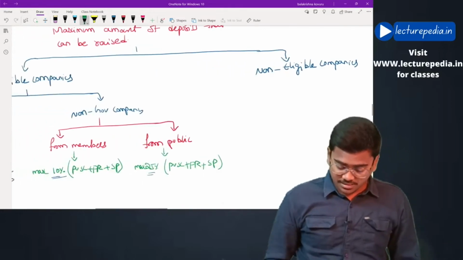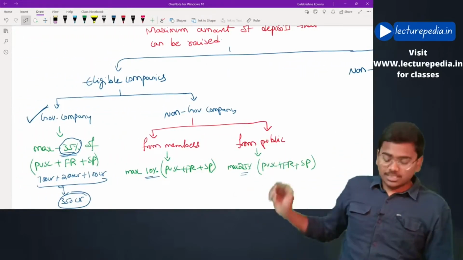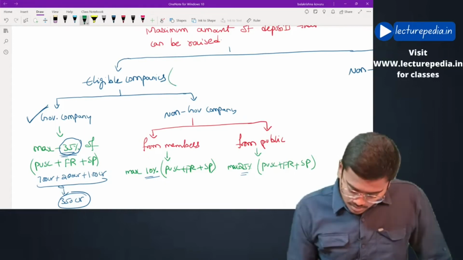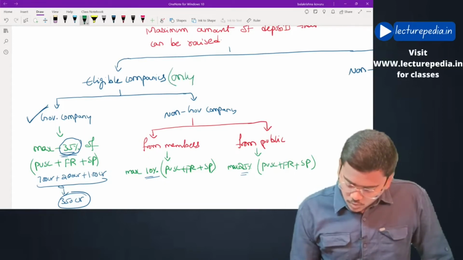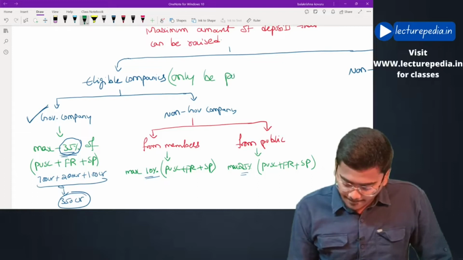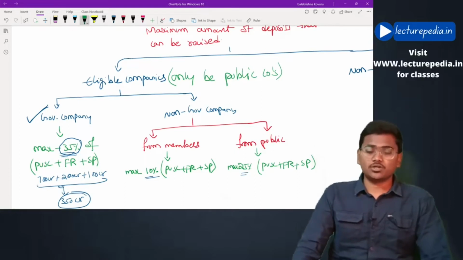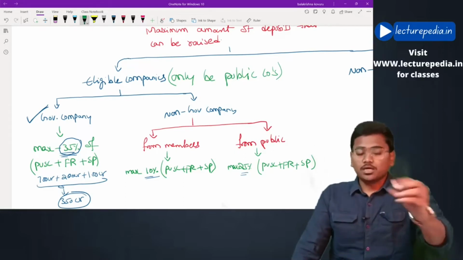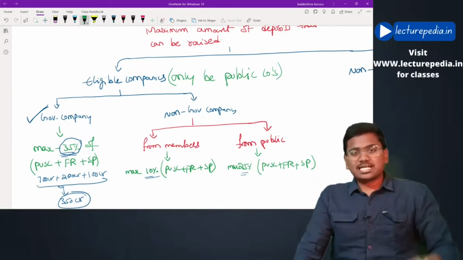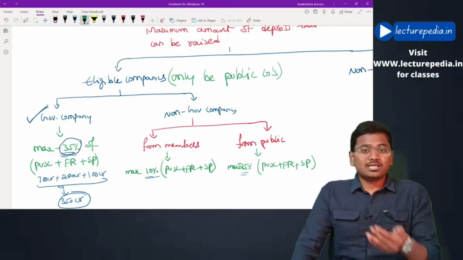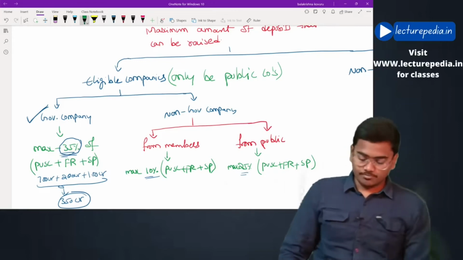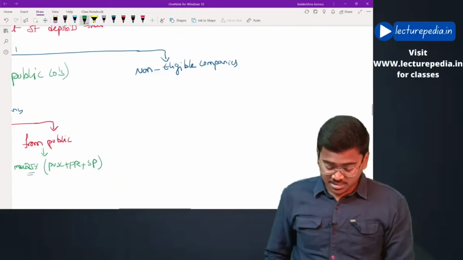And if you observe, eligible companies can only be public companies. We have seen the definition of eligible companies. Eligible company means only a public company satisfying the criteria. A private company can never be an eligible company. Now coming to non-eligible companies.